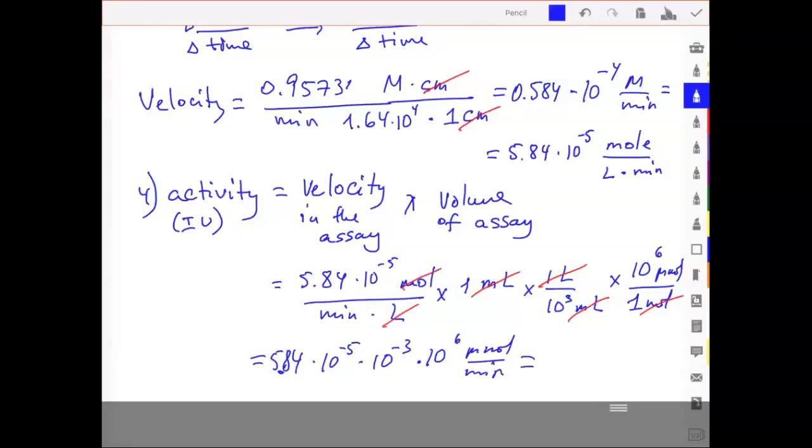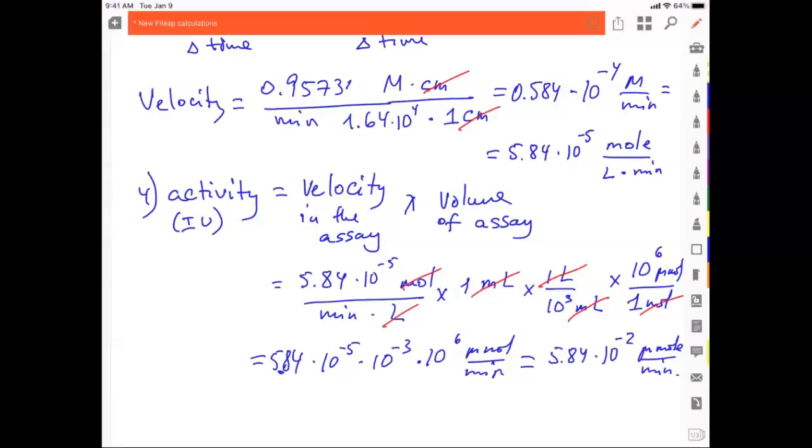And that should be 5.84 times 10 to the -2 micromole per minute, right? That's how many units of activity we have. And this is in our assay in the cuvette, right? We used the volume of the assay.